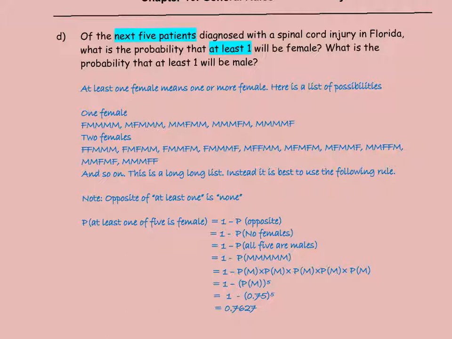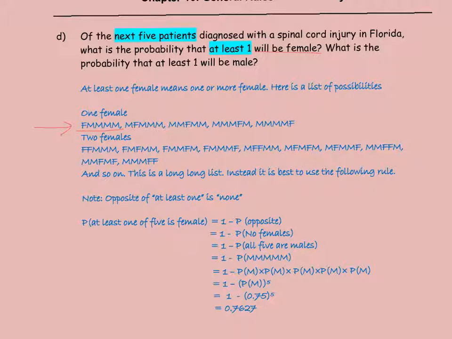Now this question is a little different. Of the next 5 patients, now we have 5 patients diagnosed with spinal injury, what is the probability that at least one is female? Now first let's think about what it means when I say at least one is female out of the 5. So let's look at the various things that can happen. So we're looking at 5 injuries.